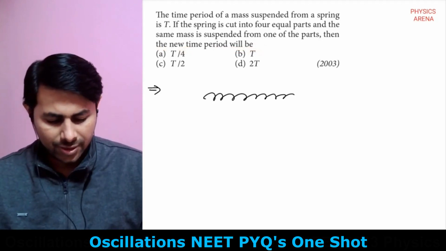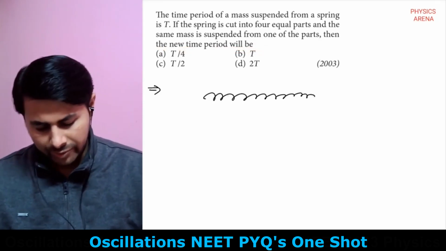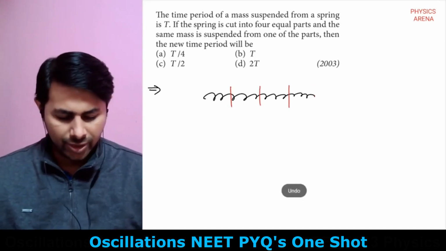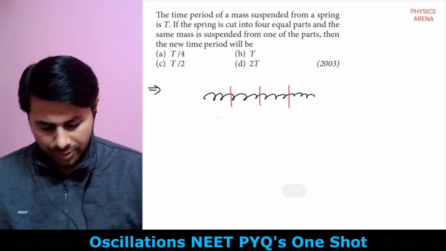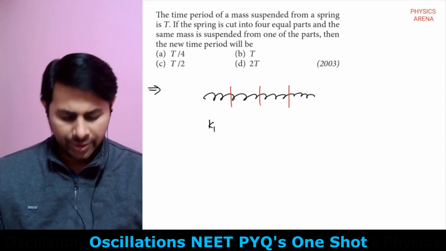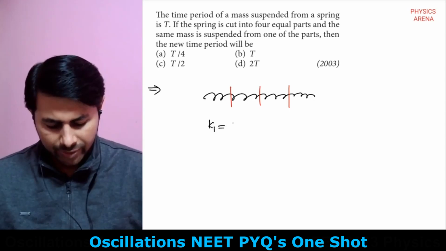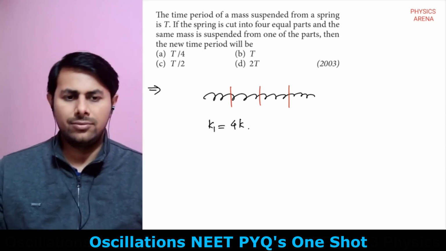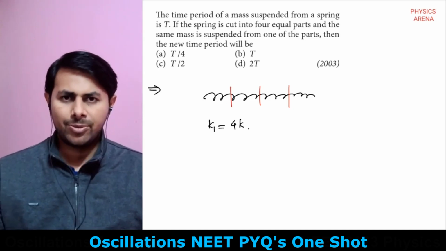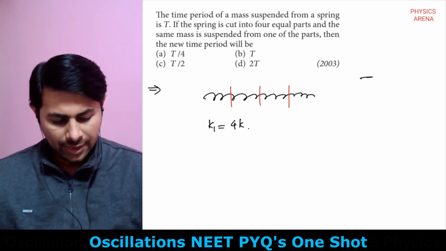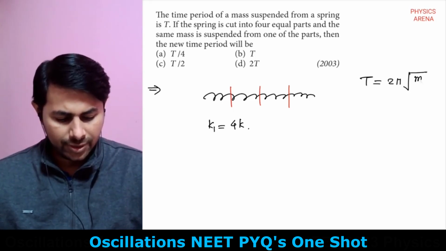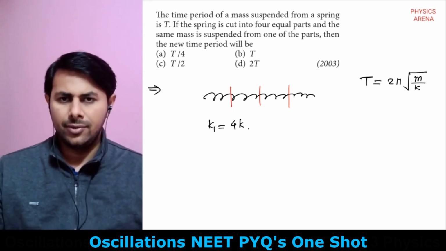Spring is cut into 4 equal parts, right? 4 equal parts. So if you take any one of those, let's call it K1, it will be equal to what? 4 times K, right? Because it's inversely proportional to length, and you have T equals to 2 pi square root of m by K. This is the formula.